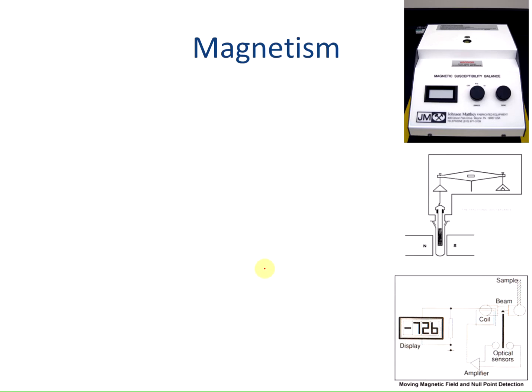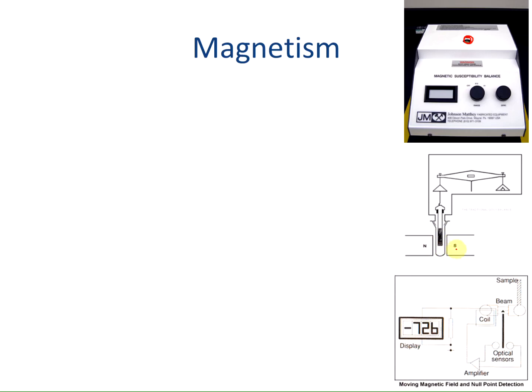So again, like I said, I can determine the magnetism of the compound to figure out how the electrons are arranged. And I can use what's called a magnetic susceptibility balance. What it does is figure out how susceptible your sample is to a magnetic field. At the top here is where you insert your sample into a little glass tube, and it puts it into a magnetic field.